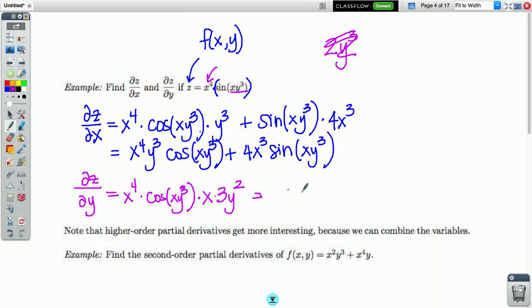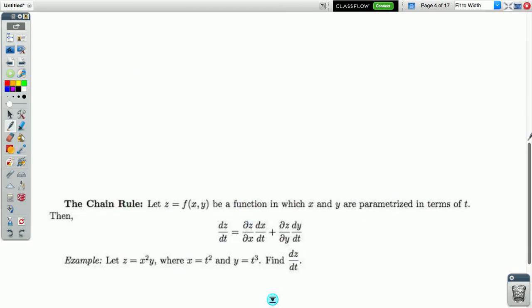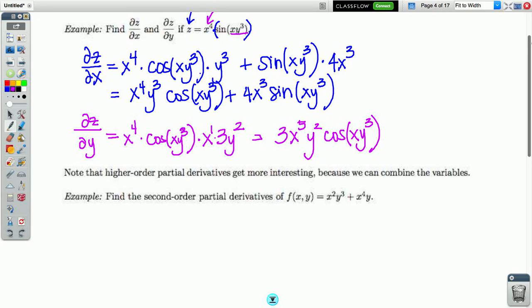So when I simplify this whole thing, I get 3 times x to the fifth, because here's one x and then there are the other 4, y squared, cosine of xy cubed. So there's my partial with respect to y.